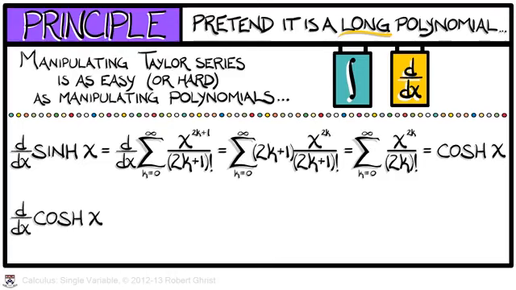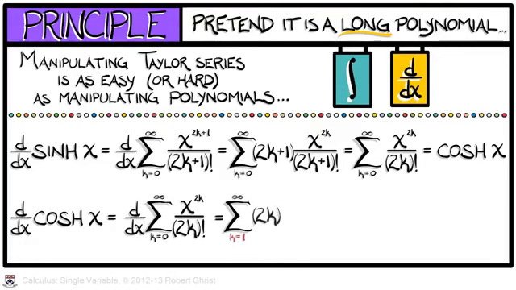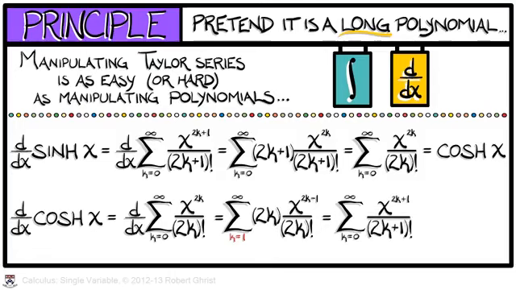In similarity to what happens with trig functions, the derivative of sinh is cosh. Likewise, what is the derivative of cosh of x? If we differentiate term by term, we can see that the derivative of x to the 2k is 2k times x to the 2k minus 1. Now we have to perform a shift in the index here in order to avoid problems with what happens when k equals 0.